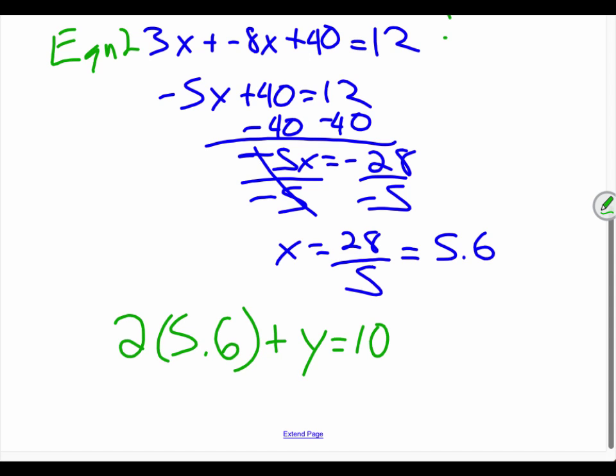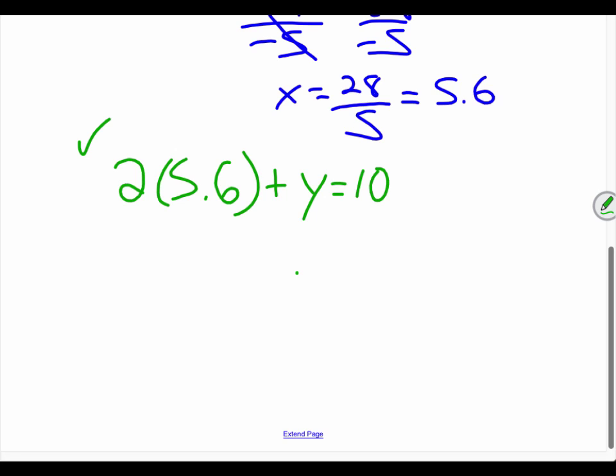Another great place to double check some things. I've got a bunch of numbers and one variable. I can solve that. By the way, notice that at the beginning of this I had two variables and how many equations? Two. That's no accident. You have to have one equation for every unknown variable.